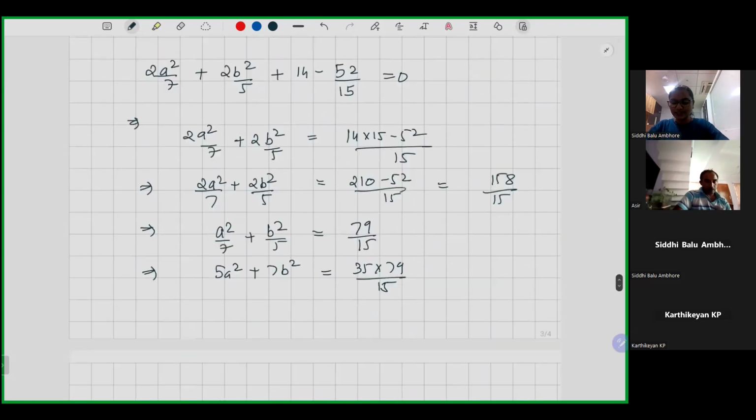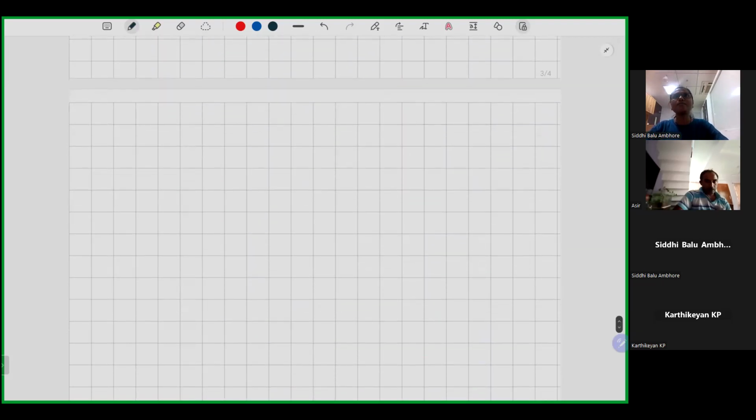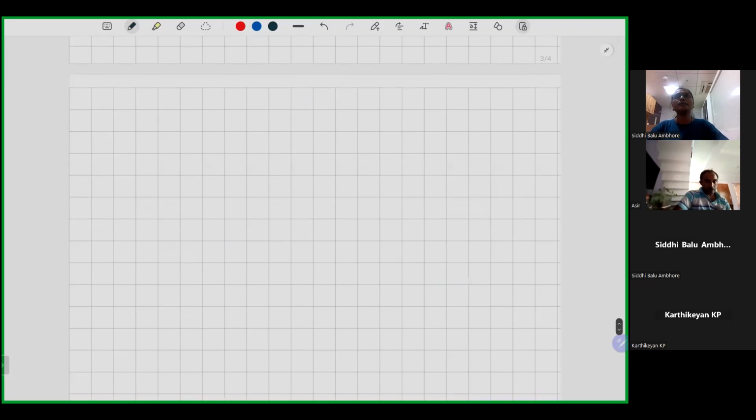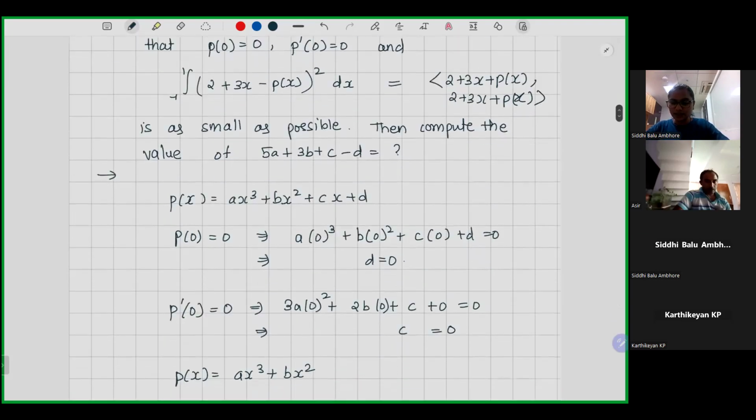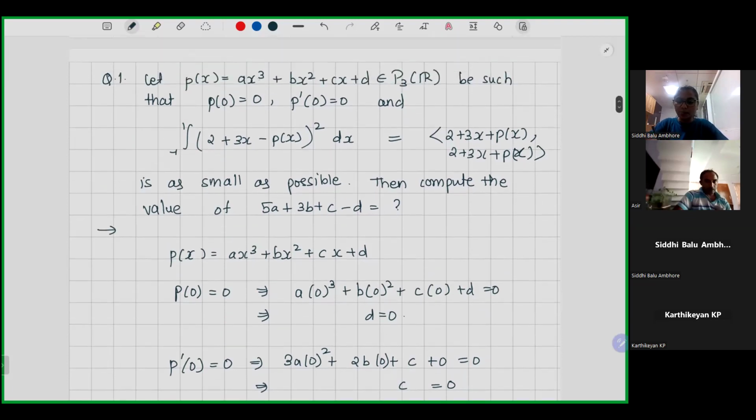I asked in the discussion forum, and what they told is we have to use the orthogonal projection, orthogonal complement, all these things. If you see, for example, here 2 and 3 are there, and here p of x is orthogonal complement to 2 plus 3x.